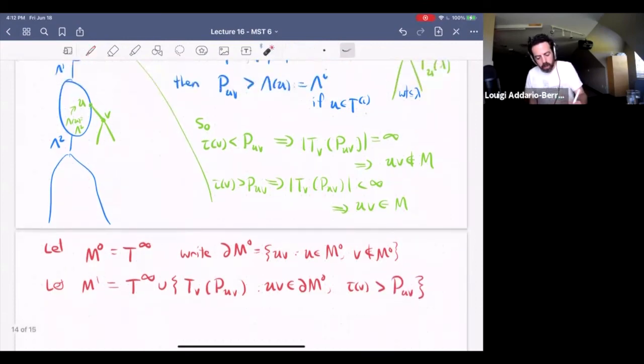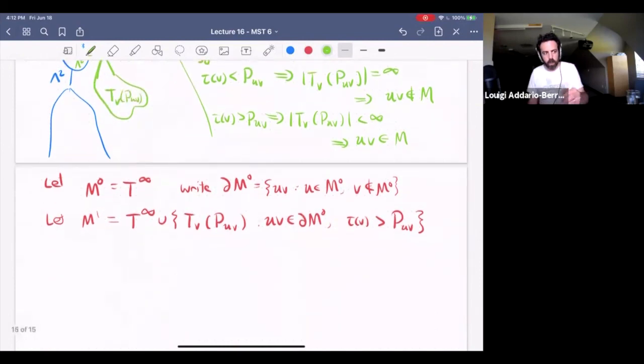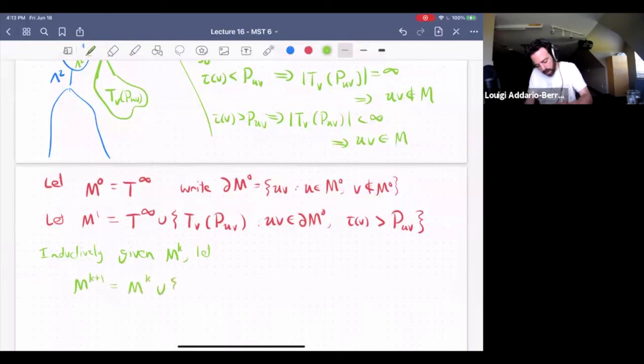Okay, so we checked whether this edge gets added, but now when we add that edge, we also know that we'll add the whole subtree, so we're just gluing that whole subtree in, T_V, P_UV. Okay, so that's one step. And then inductively, if we've already glued K layers, then we'll let the K plus first graph be the kth graph plus everything that gets added on in the K plus first layer.